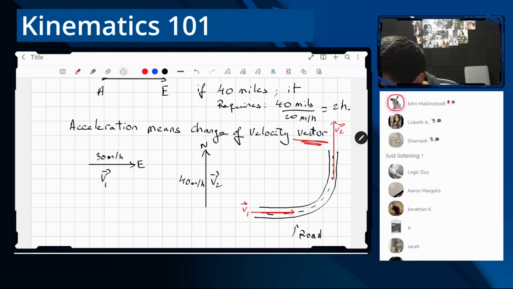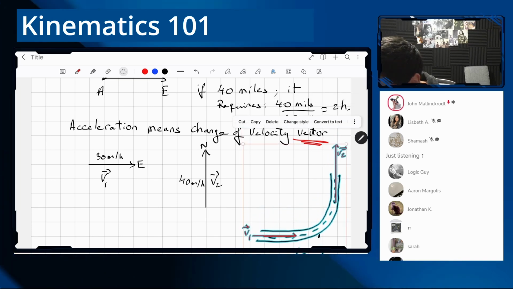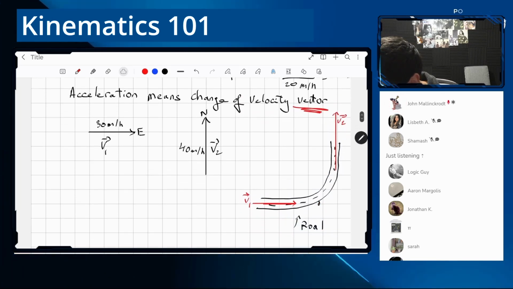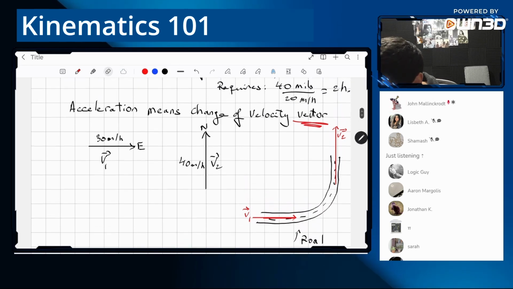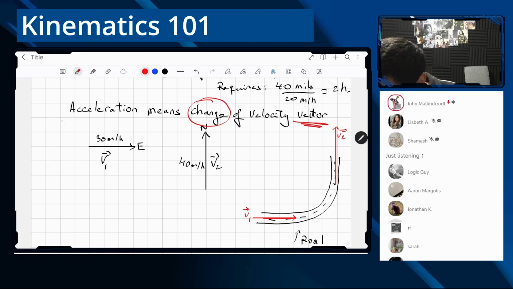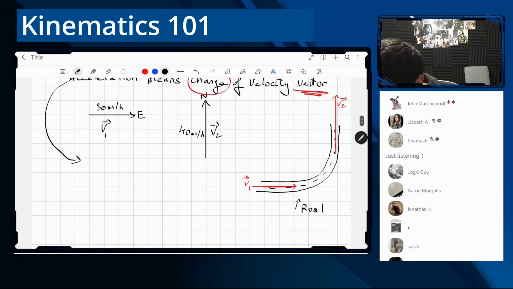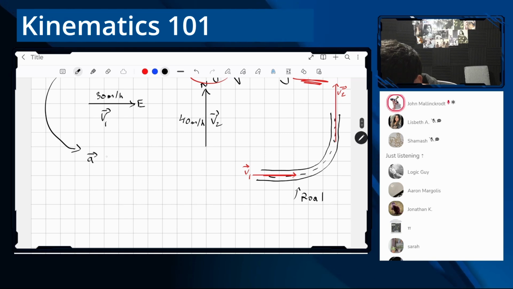Acceleration is change in velocity. You can notate that with a little Greek delta, the capital delta, which is what we always use for change. Delta V divided by delta T, the change in time, which is how much time elapsed. So that's what acceleration is defined as.